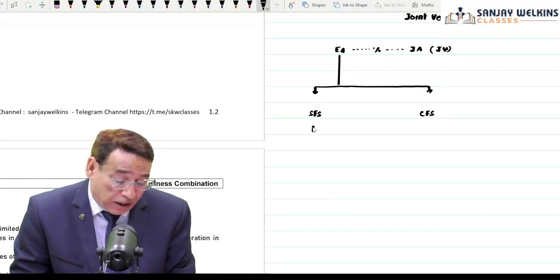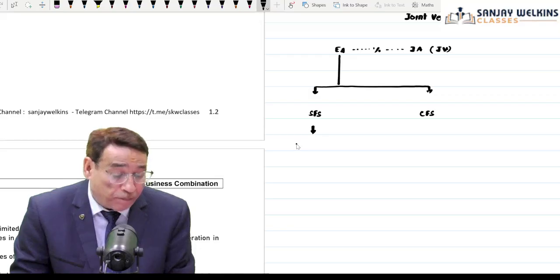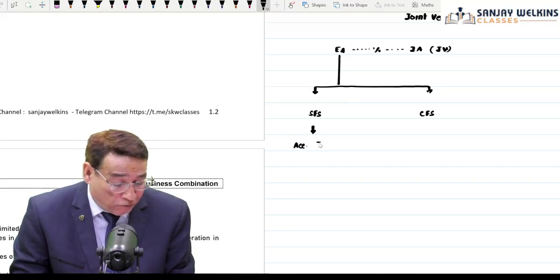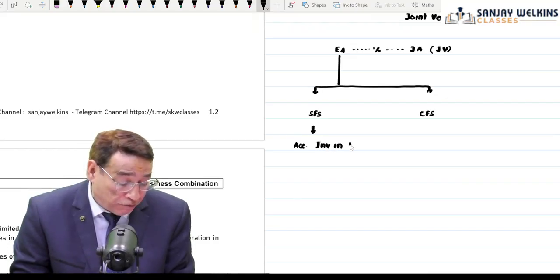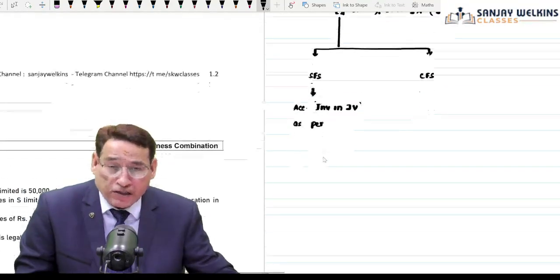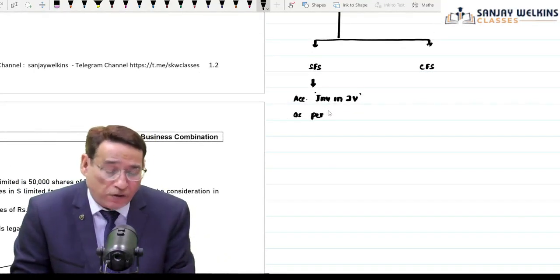In the separate financial statement, the E4 enterprise will account the investment in joint venture as per Ind AS 27. As per Ind AS 27, they will record the investment either at cost or at fair value.